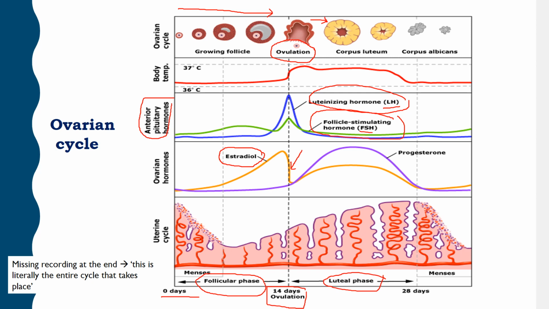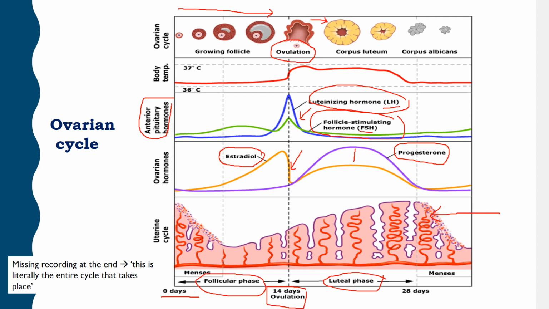You can see the moment the Graafian follicle ruptures, there's a drop in your hormone levels, because the corpus luteum starts to produce progesterone, which inhibits the follicle stimulating hormone in the anterior pituitary gland. The corpus luteum is an important structure after ovulation, because the secretion of progesterone by the corpus luteum helps maintain the uterine lining.